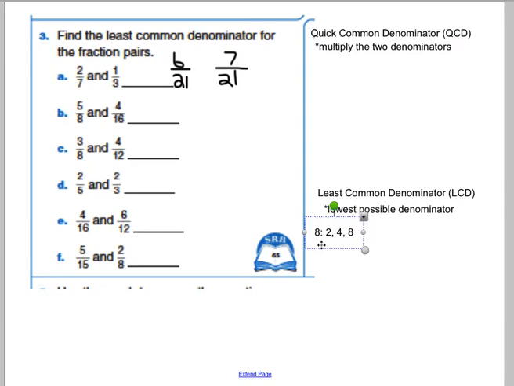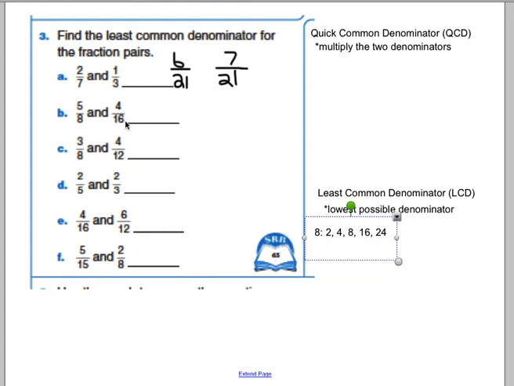The multiples of 8 would be, counting by 8, 16, 24, and so on. Now, as soon as I hit 16, I know I could stop there because 16 is the other denominator. So for sure, 16 could be used as a common denominator.